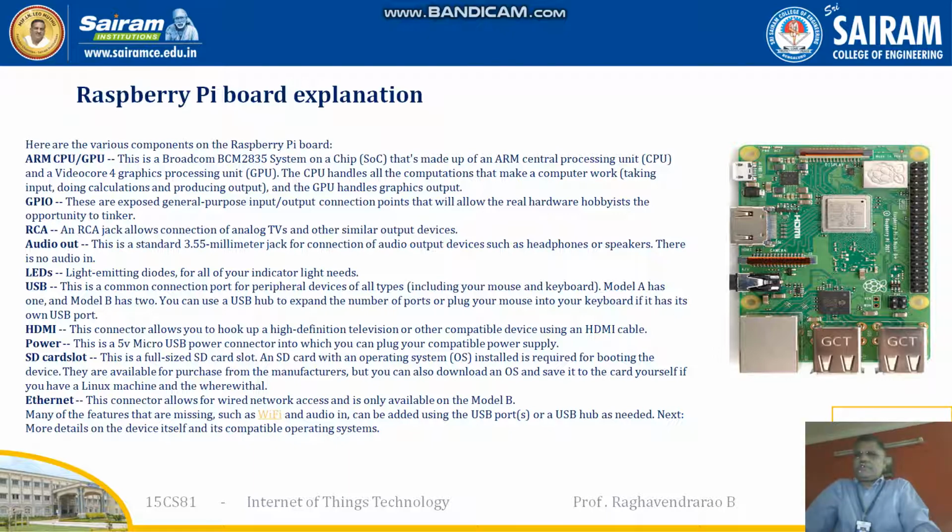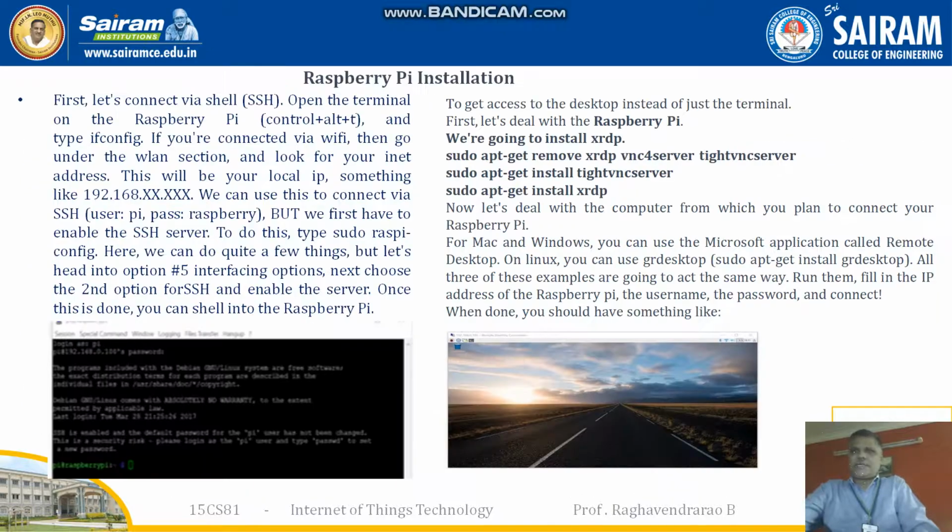You can use one USB port, multiple USB ports, or a USB hub. Next you will see how the operating system is going to be installed. You can see all these things on the board itself. The previous video clearly showed how these things are getting connected.